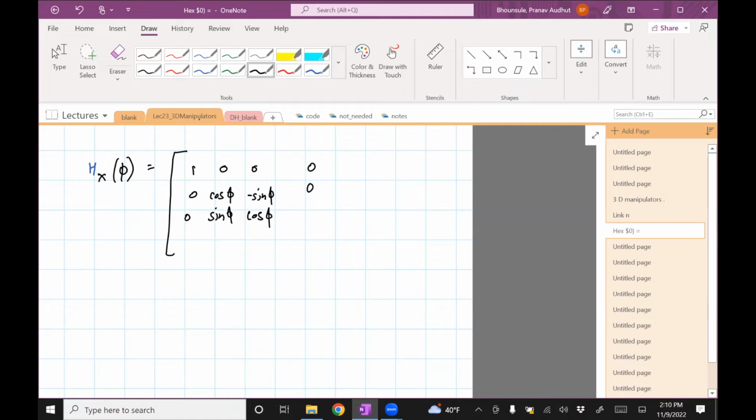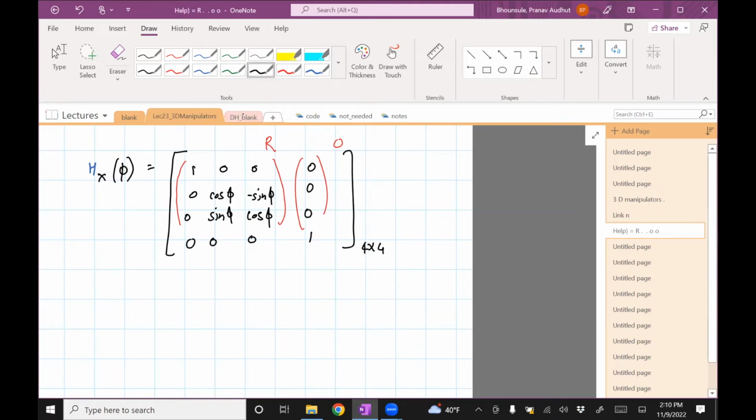And then I'm going to assume that the origin is 0, 0, 0, but if it is different, you just put it there. So this is the rotation matrix. And this is the O matrix, which is the origin of the frame attached to this particular angle phi. And then we need to put these zeros in order to make it complete. Okay, the zeros and ones make it a 4x4 matrix.